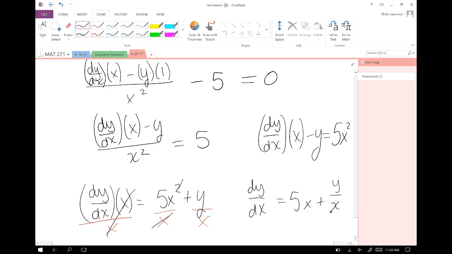Does that look the same as what we got a minute ago, 5x plus y over x, when we did this explicitly? If you did it explicitly a minute ago, compare it. What's different now?